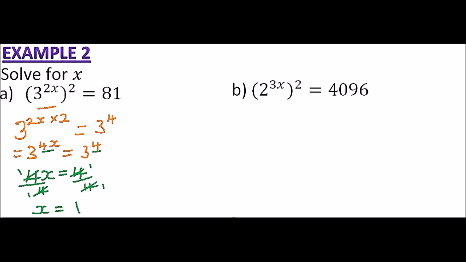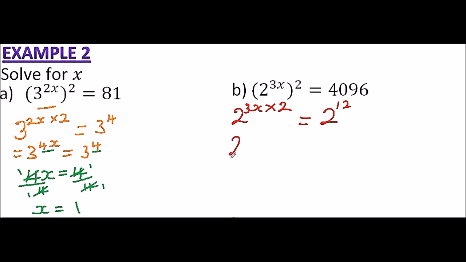Come to the second question. We do the same. We open the bracket by applying the third rule of indices. So we have 2 to power 3x, multiplied by 2, is equal to 4096, which is the same as 2 to power 12. You can find that using a calculator or mathematical tables.